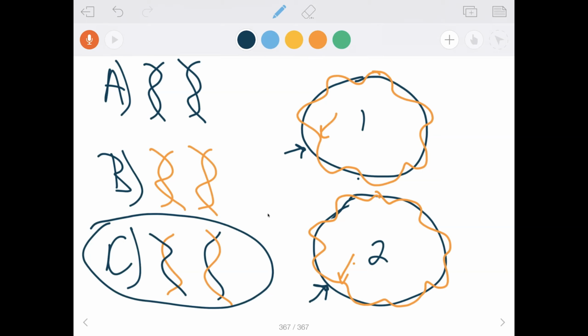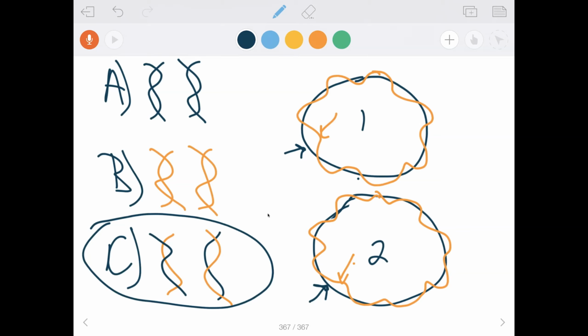Now, what does that actually mean? Well, semi-conservative is referring to the fact that you use an original strand, but you also pair it with a new strand. If something was completely conservative, you would only have the original parent strands.